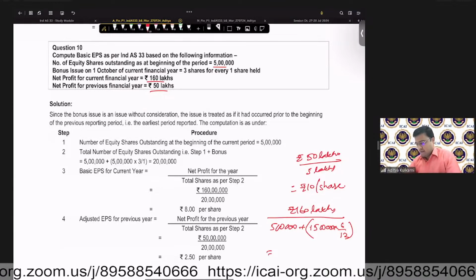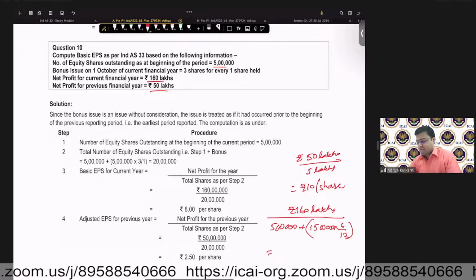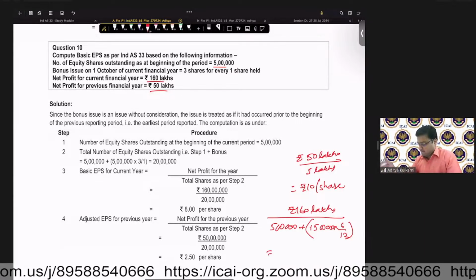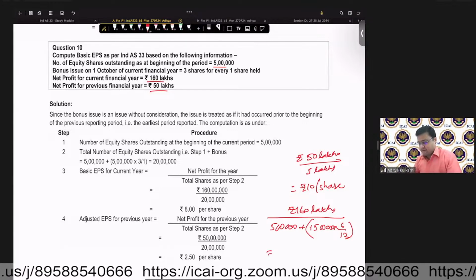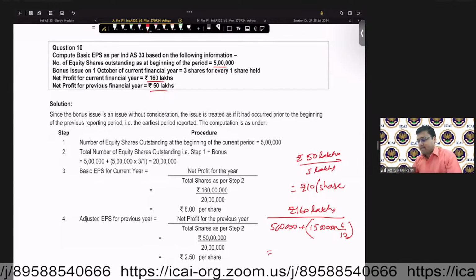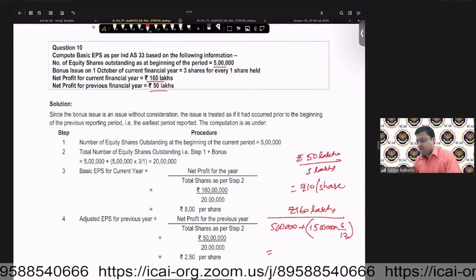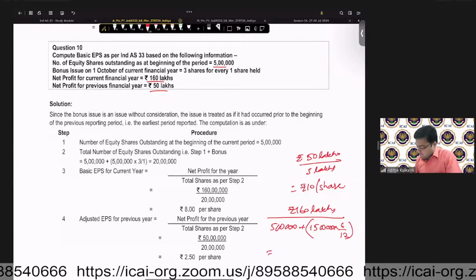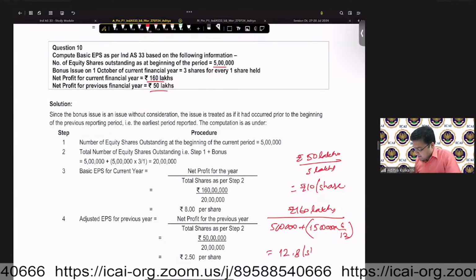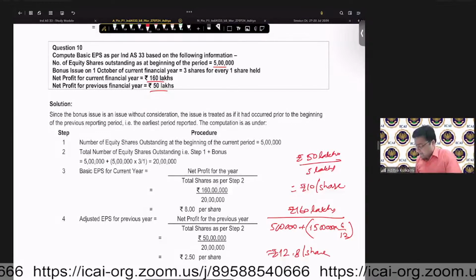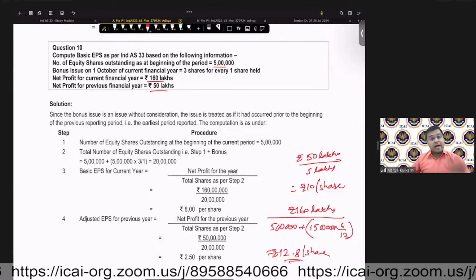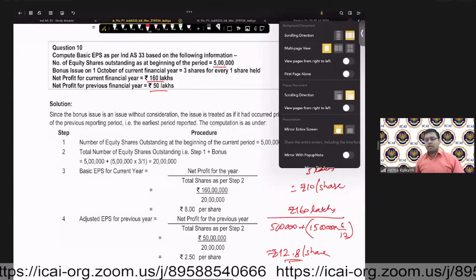So this would be 15 lakhs into 6 by 12, 7 lakh 50, so 12 lakh 50. So 160 lakhs divided by 12 lakh 50 would effectively give you an EPS of 12.8 per share. This is how you would have done the EPS if guidance was not there.